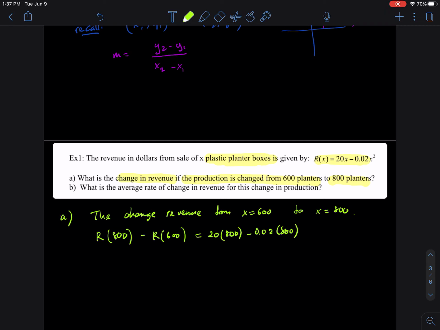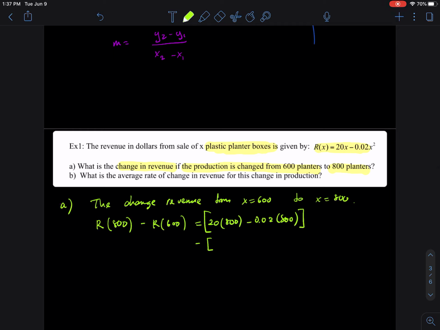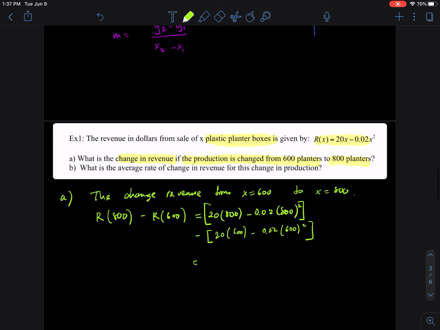That's R of 800 minus R of 600, so it's 20 times 800 minus 0.02 times 800 squared, minus 20 times 600 minus 0.02 times 600 squared. Plug this into your calculator, and if you do the math right, you should get the answer to be negative $1,600. So the revenue went down as production increased, which makes sense. You've got to keep up with the demand, otherwise you're not going to make any money.